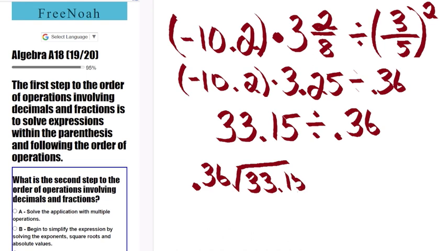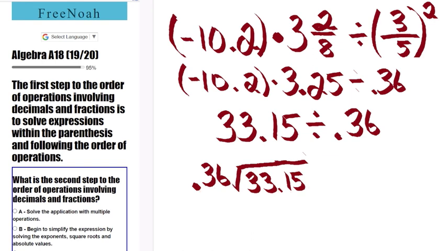Now let's do some long division here. First steps first, we're going to jump two values to make our divisor a whole value. And what we do to our divisor, we also do to our dividend. Then we place the new place value on the quotient side, as you can see.